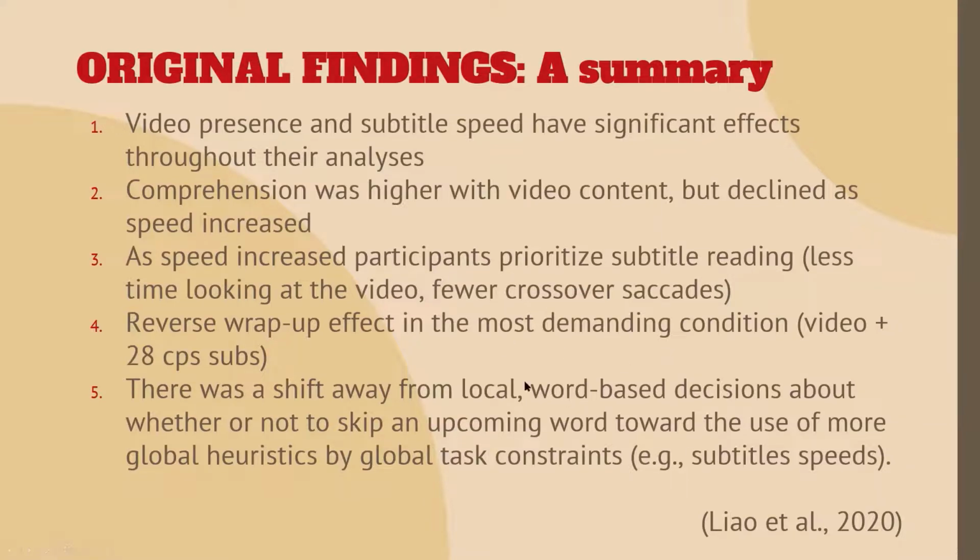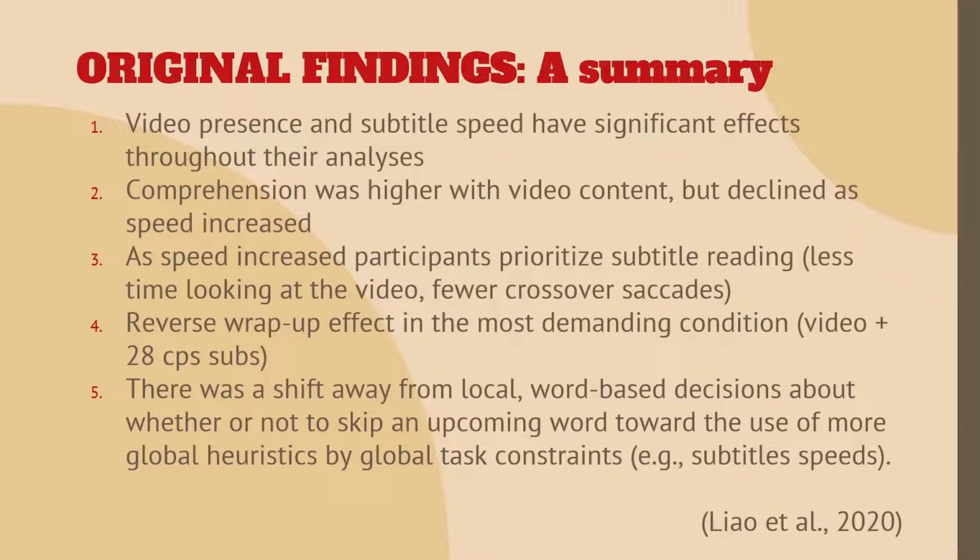And then they talk about this quite interesting, and this will need some more studies to actually prove, but they interpret this as a shift from making decisions about whether to skip a word or not, whether to fixate a word or not, being based only on the properties of the words, if the word is long, if the word is frequent, for example, shifting, however, towards these more global heuristics, right, which are dictated by global task demands, like the presence of changing subtitle speeds.